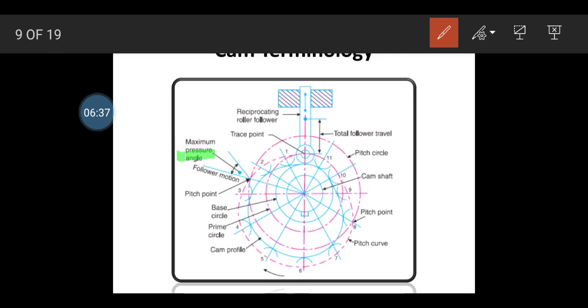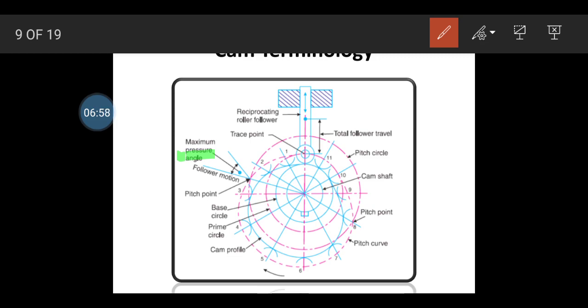It represents the inclined angle at any point on the pitch curve between the line of motion of the follower and the normal to the point. Coming to the next, that is cam angle.